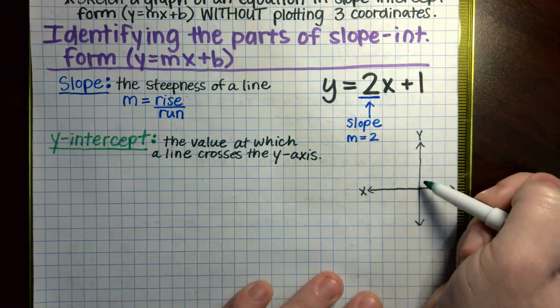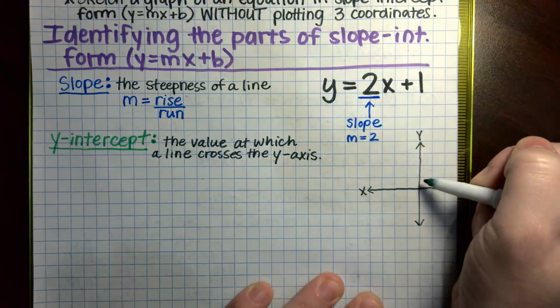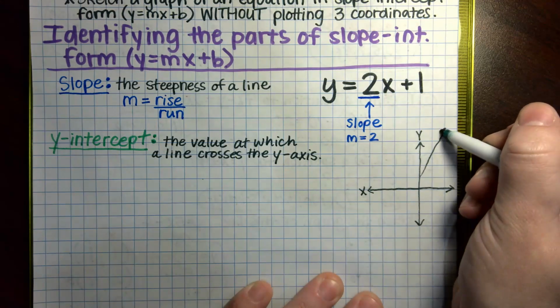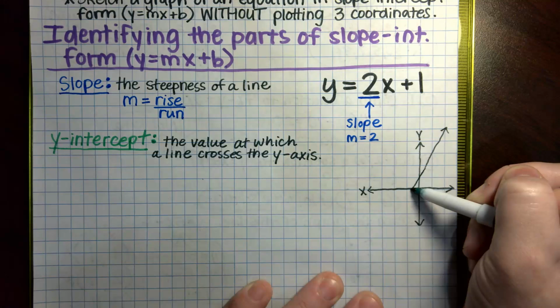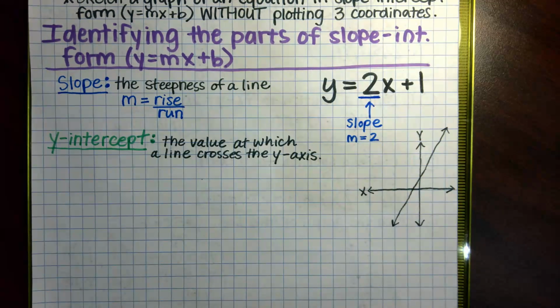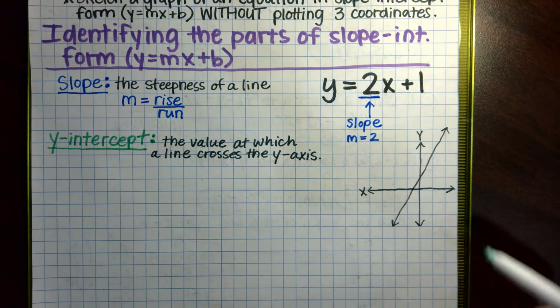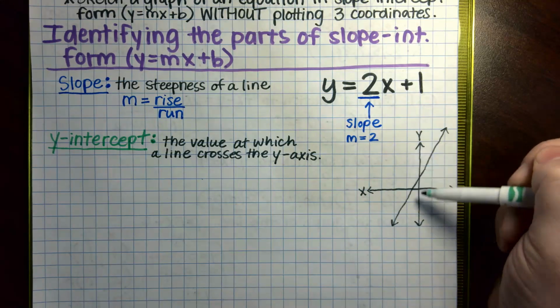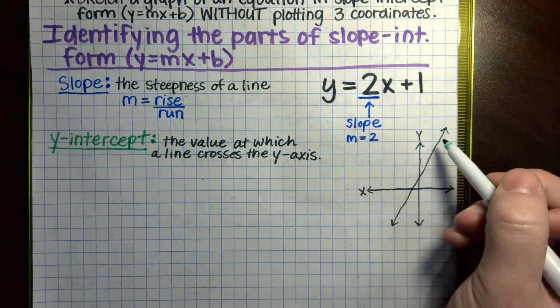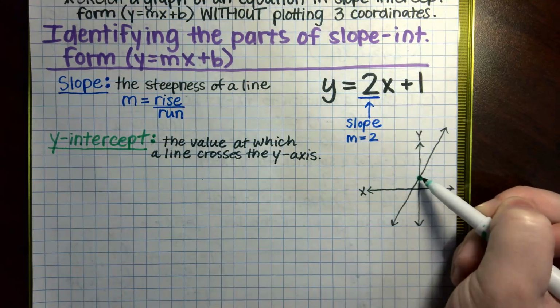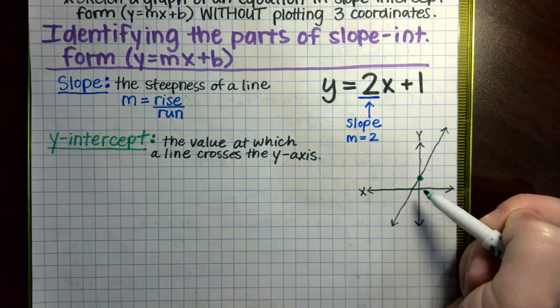And if I were to have an equation that looks like this. Something like that. You will see that the y-axis here, the up and down axis, this line touches it right here. This would be our y-intercept.